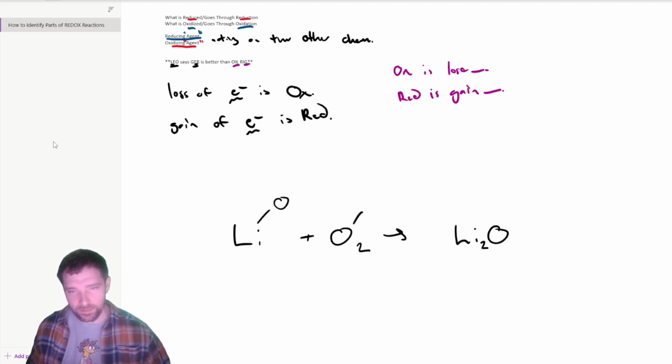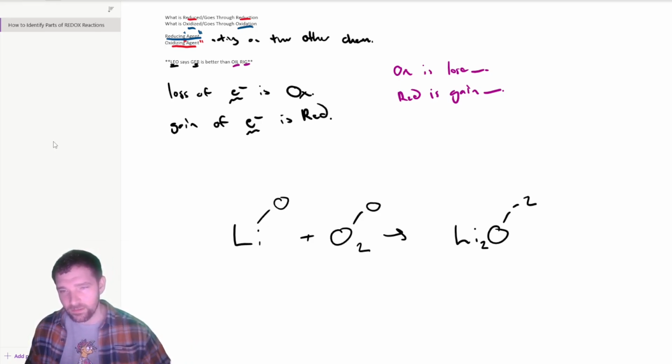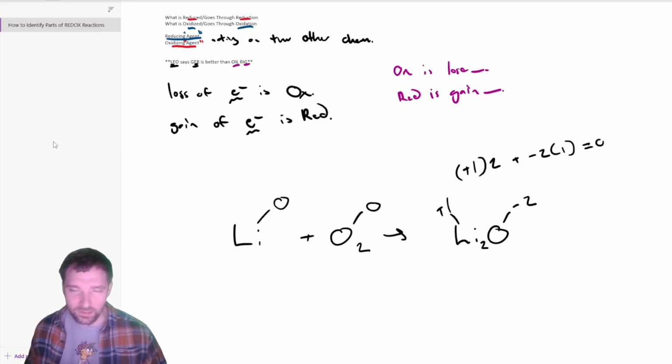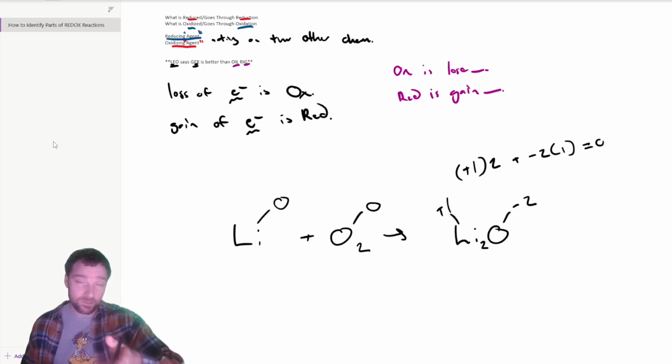Lithium is going to be 0 at first. Oxygen should also be 0 if it's bound to itself. If it's neutral or bound to itself, it should be 0. Here we've got a -2, and each lithium is +1. There are 2 of those added to this -2, and they cancel out, so the whole thing is neutrally charged. So that's the oxidation numbers.